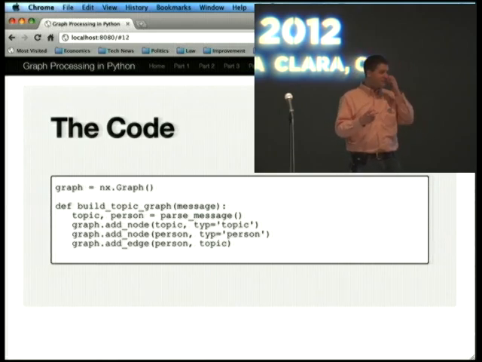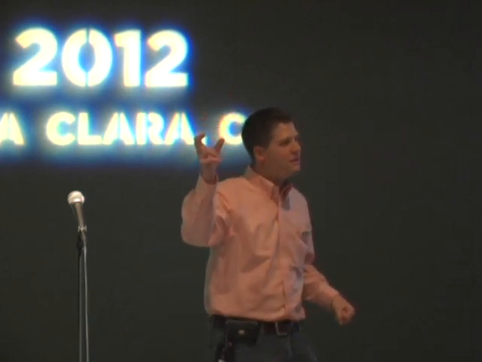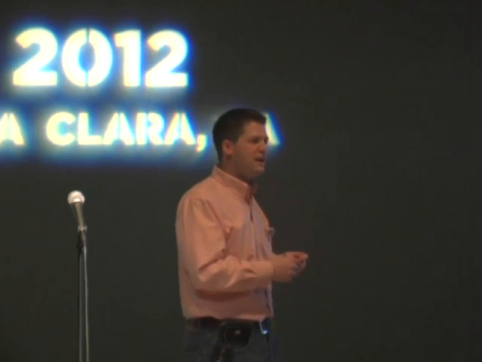I condensed them down, did a little bit of massaging on the topics, and filtered out stop words. But ultimately, I parsed the message, and I got the person who made this message and the topics that were generally treated in it. Especially the overall subject of the message, I treated as especially significant.